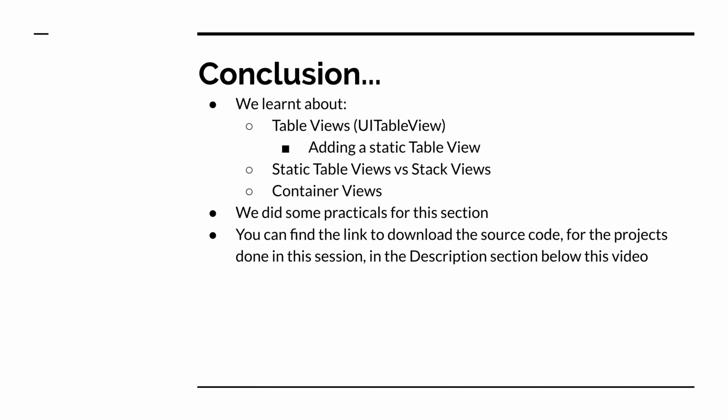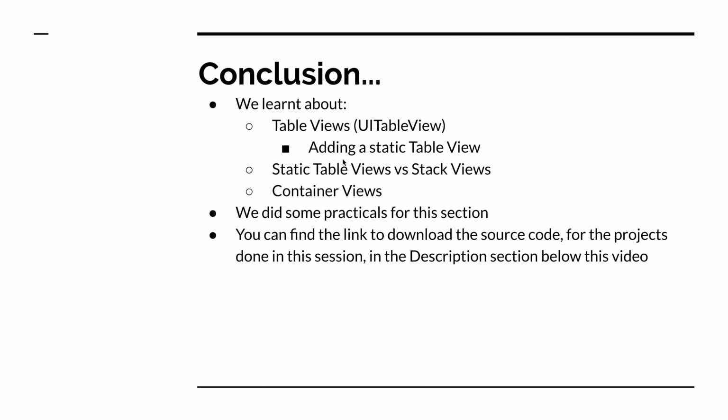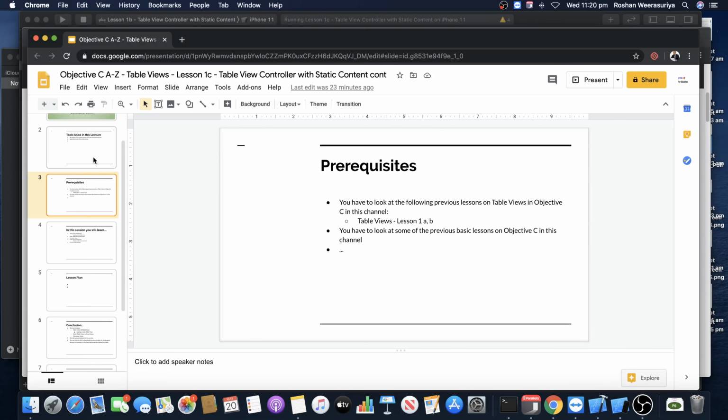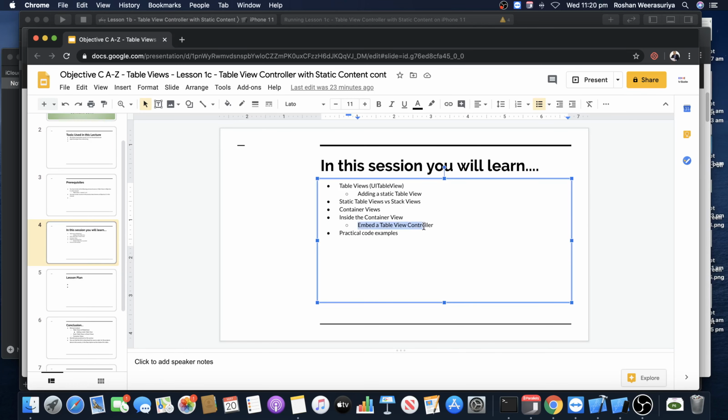But sometimes you can't put table view controllers in a situation like this. For example, in a situation like we wanted to embed, right? In that case, the suitable option is stack views. If you really want that, you can have container views, and inside the container view you can embed, like we did here, a table view controller, right?